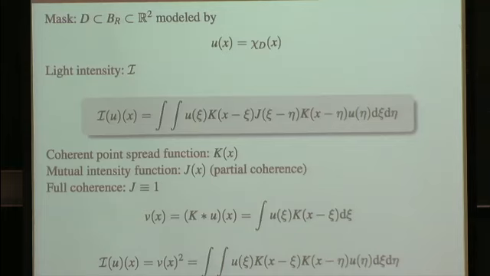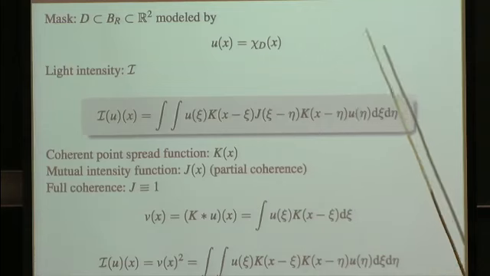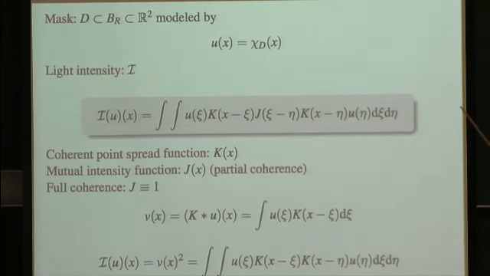It's very smoothing, so your mask is going to be blurred in the intensity, and this is the intensity of light at the place where the photosensible material is posed.